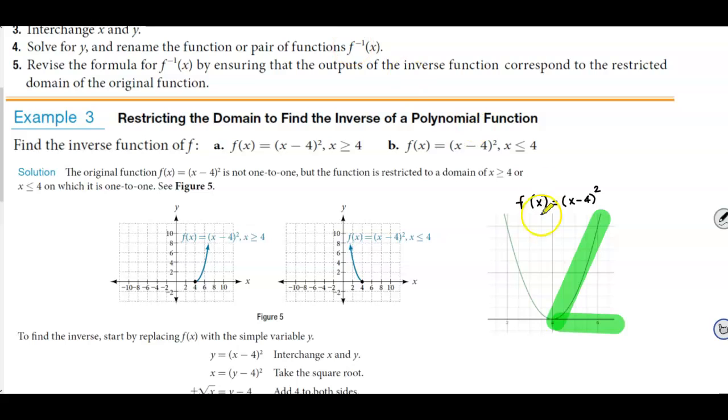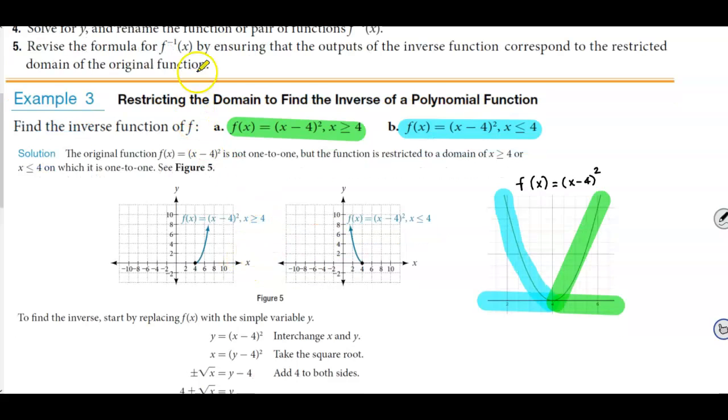Now, if we want to look at the left side of this parabola, that means we'd have to delete everything on the right side. That means all the x values have to be less than or equal to 4. So that's going to represent graph B.